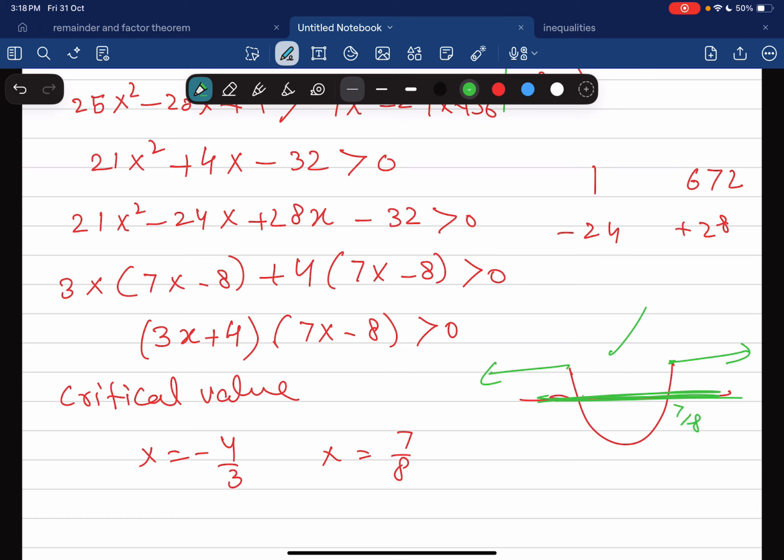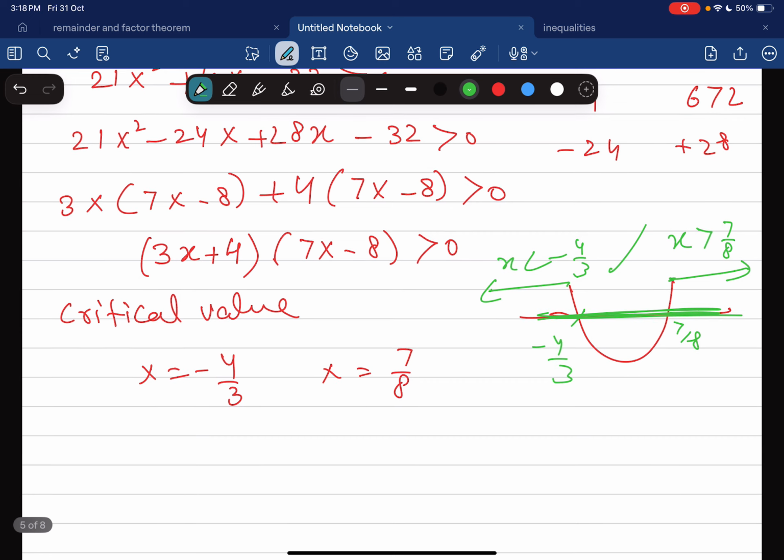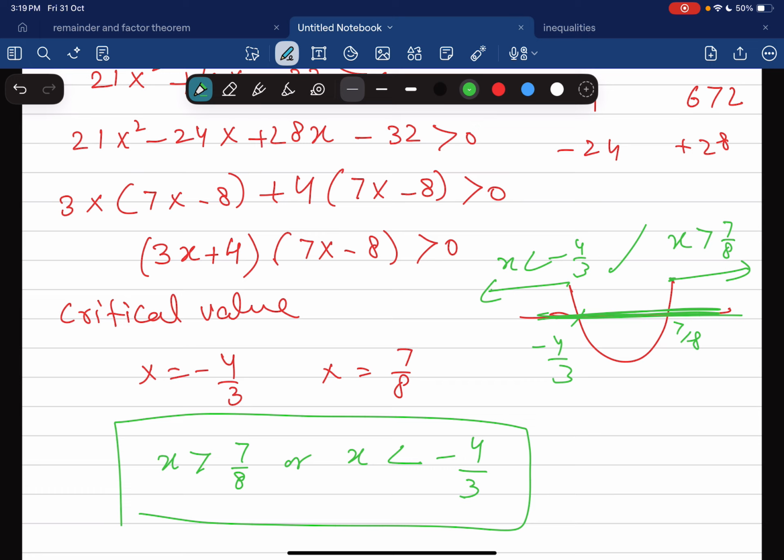One value is 7 upon 8, the other value is minus 4 by 3. So x is greater than 7 upon 8 or x is less than minus 4 by 3. These are the final answers of the inequality.